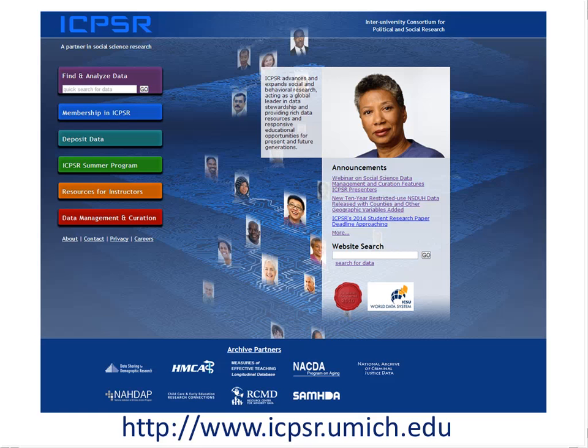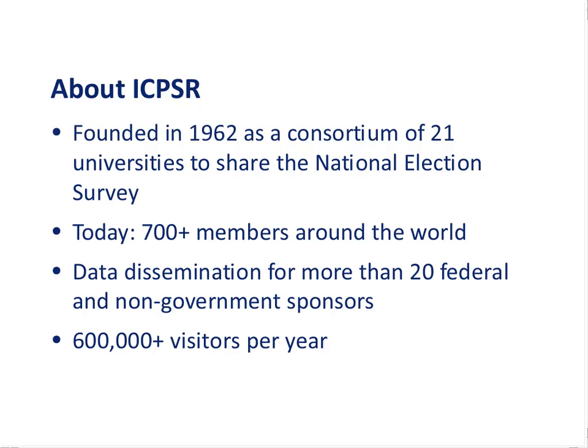First, I should just give a quick background of where I work. I'm at the Institute for Social Research at the University of Michigan. ICPSR is formerly the Inter-University Consortium for Political and Social Research. We've been around since 1962. We have over 500,000 visitors each year looking at data.